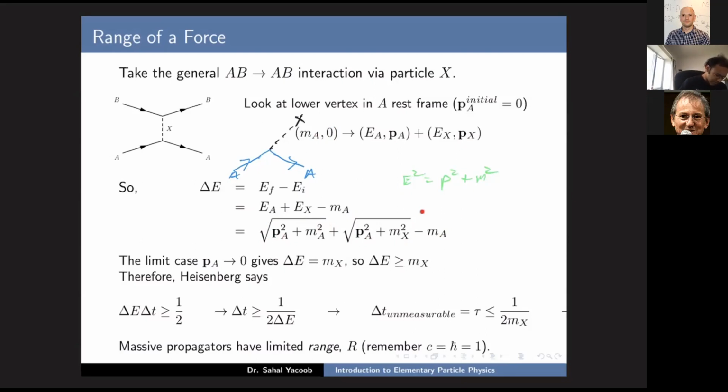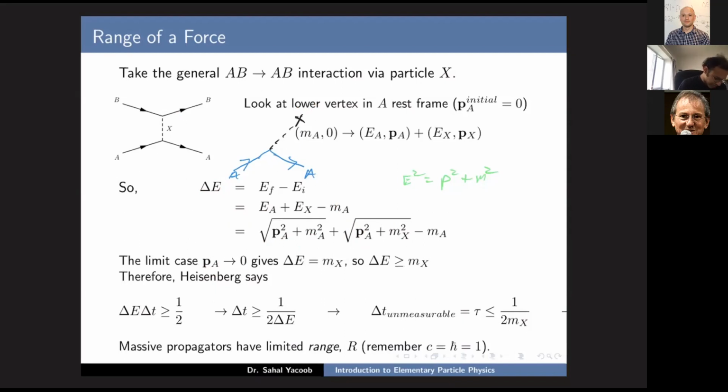If we consider this term, if PA squared goes up, the amount of energy we need to borrow goes up, right? This term is positive, this term is positive, so we need more and more energy. So the limiting case, the minimum amount of energy we need to borrow for an interaction to be mediated by particle X, is when PA goes to 0.